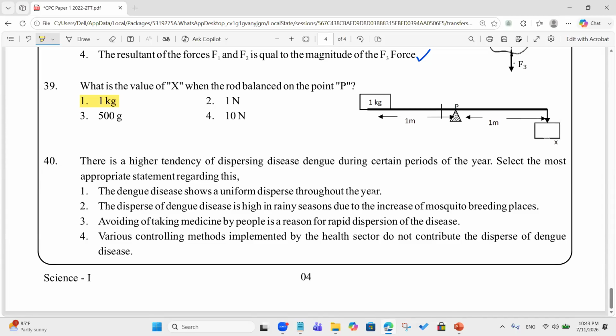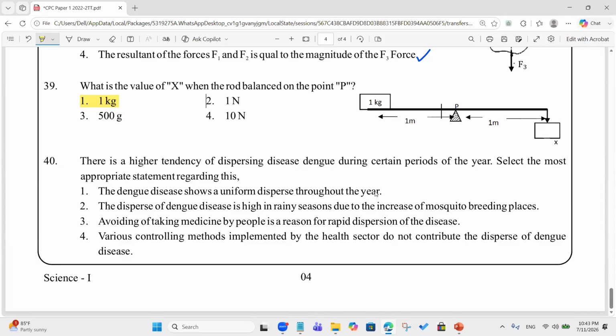Otherwise it will be a big problem. We don't feel it sometimes if our family members are not suffering, but we feel it when someone close to us gets the disease. There is a higher tendency of dengue spreading during certain periods of the year. Select the most appropriate statement regarding this.